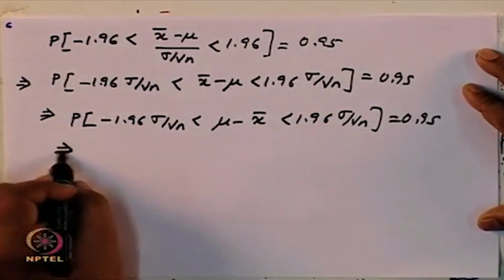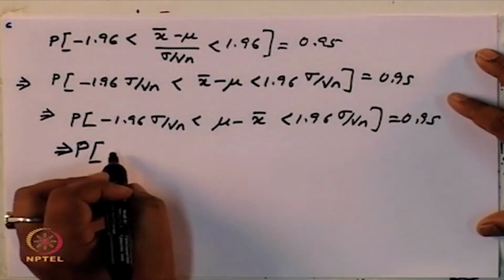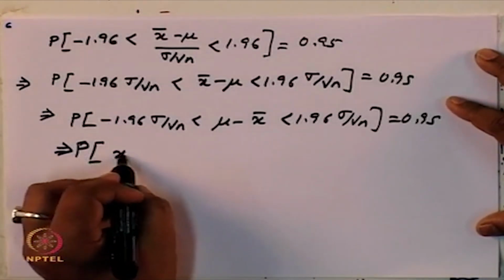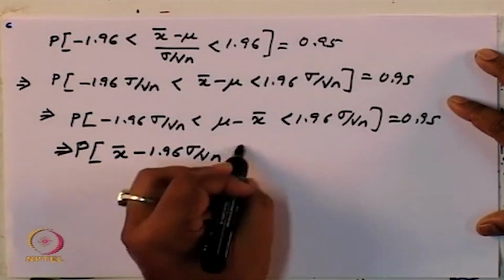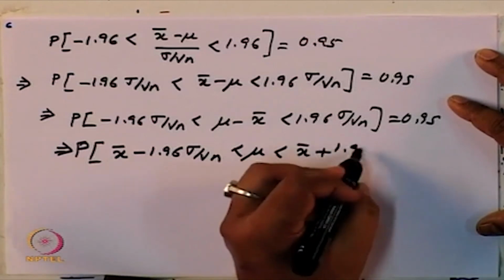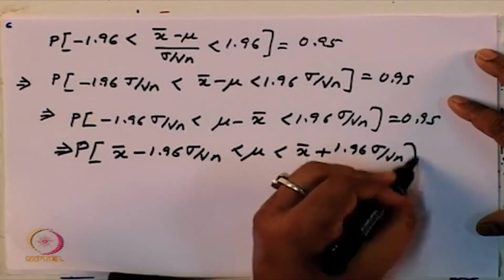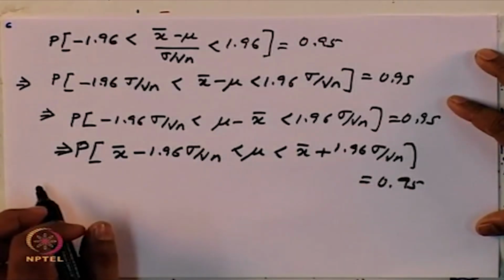This can be simplified further. If I add x bar to both sides, x bar minus 1.96 sigma by root n less than mu less than x bar plus 1.96 sigma by root n, with probability 0.95.